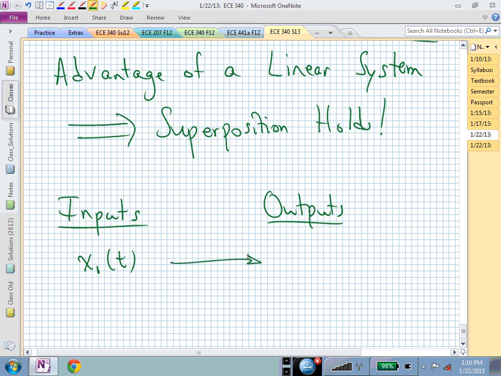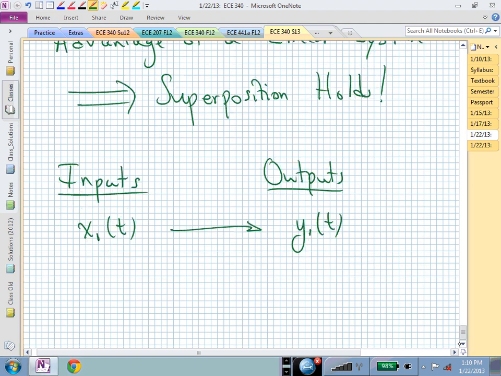Associated with that input, x sub 1 of t, and that could just be a bump, it could be an exponentially decayed waveform, it could be a cosine, that produces now some output I'm going to call y sub 1. Now I get a different input, and I'm going to label that x sub 2 of t, and its associated output I'm going to call y sub 2.